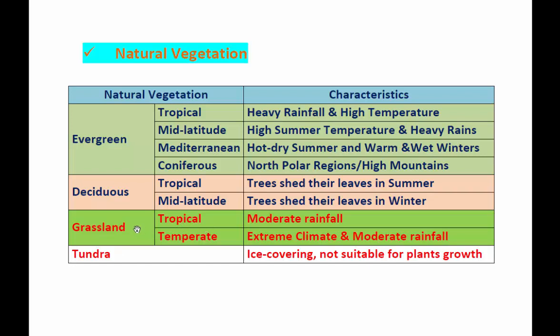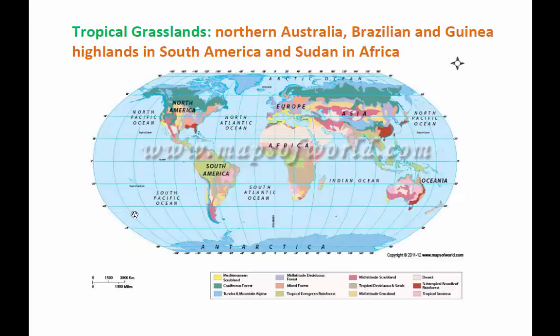Tropical grasslands are found in a place where there is moderate rainfall. So if you look at the map of the world, you will be able to locate some of the tropical grasslands.